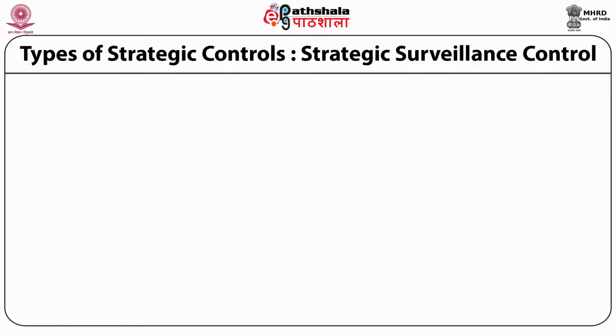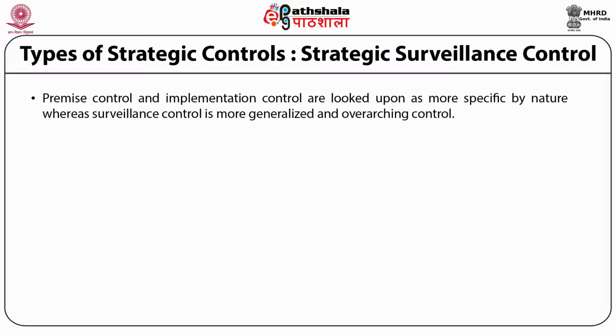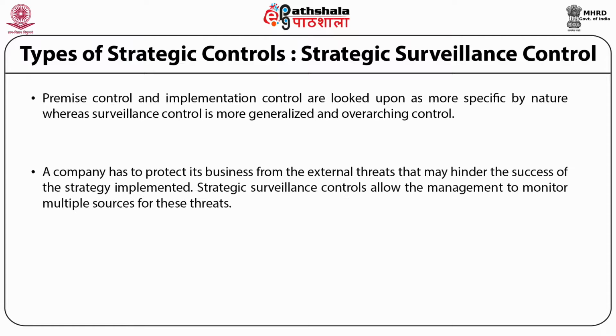Strategic surveillance control. Premise control and implementation control are looked upon as more specific by nature, whereas surveillance control is more generalized and overarching control. A company has to protect its business from the external threats that may hinder the success of the strategy implemented.